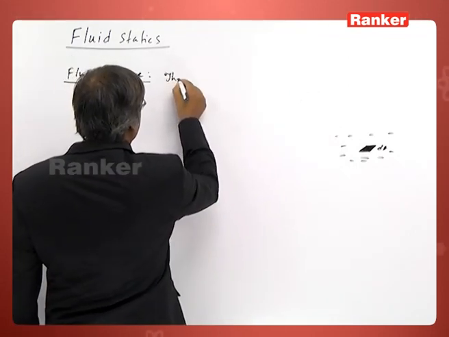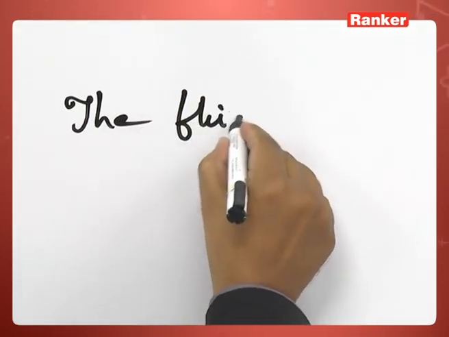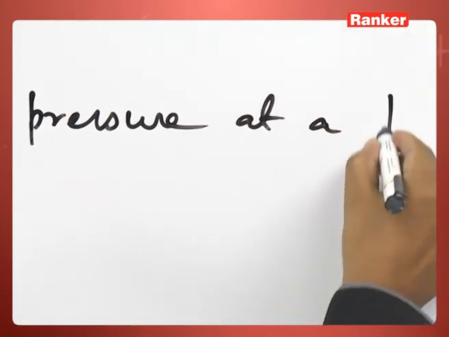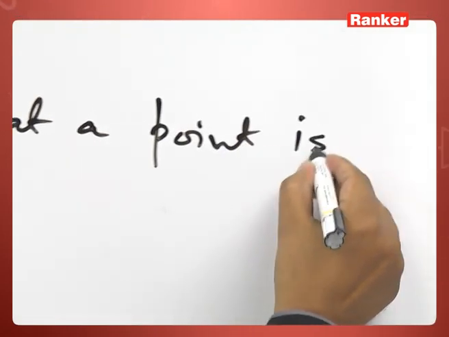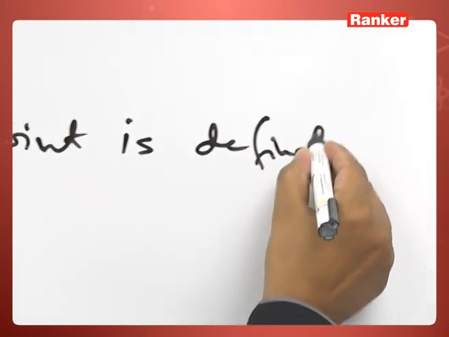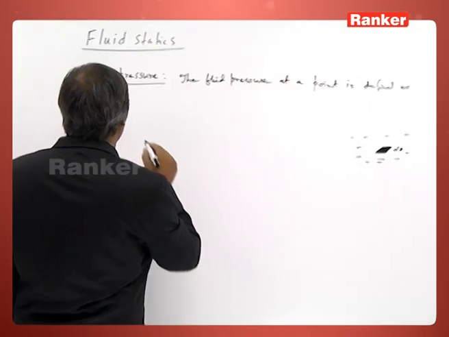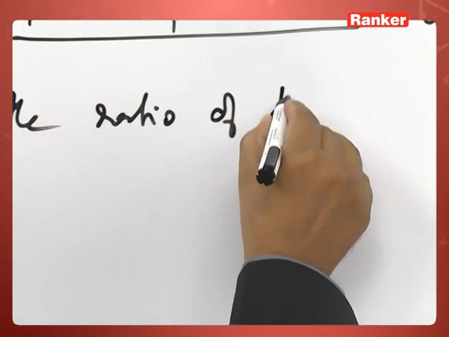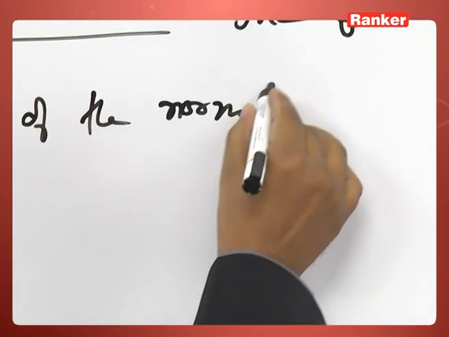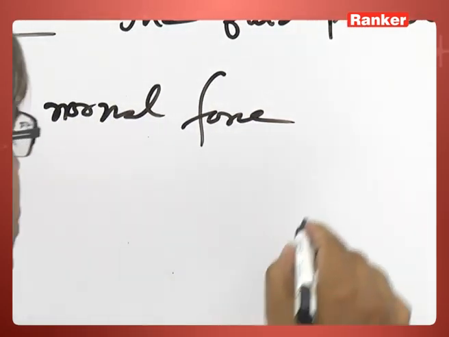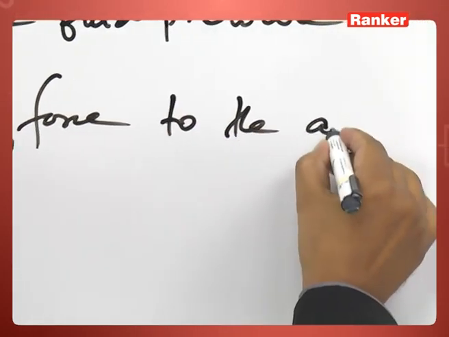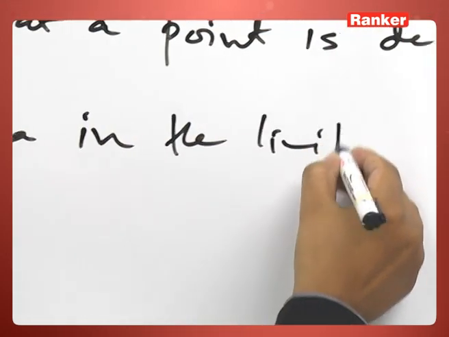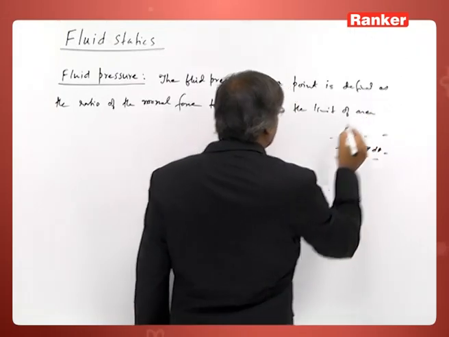So, how do we define the fluid pressure at a point? It is defined as the ratio of the normal force to the area, in the limit of area tending to 0.